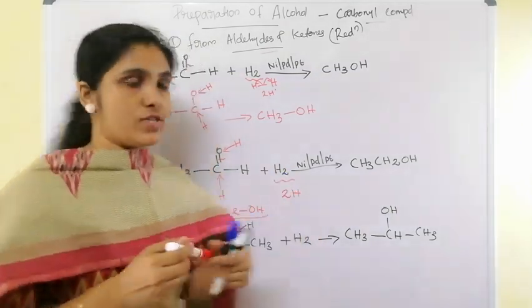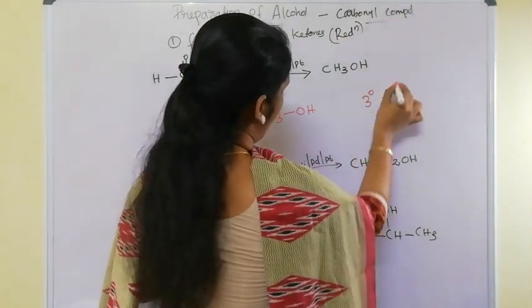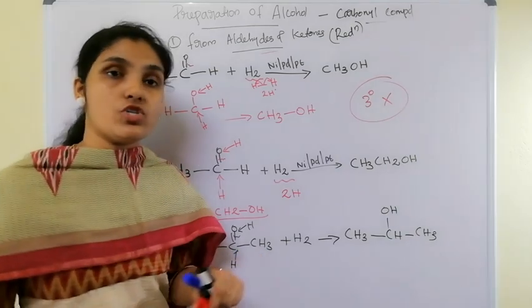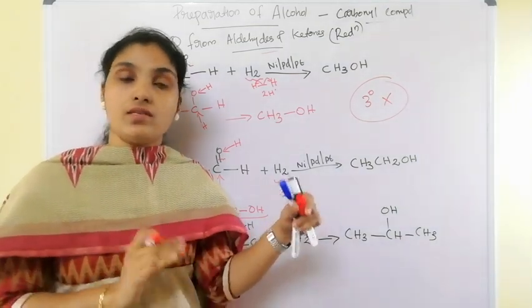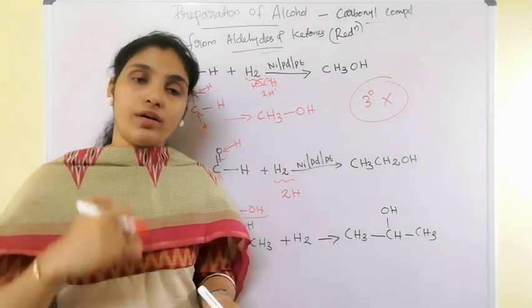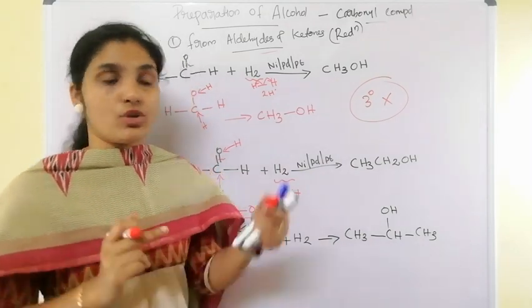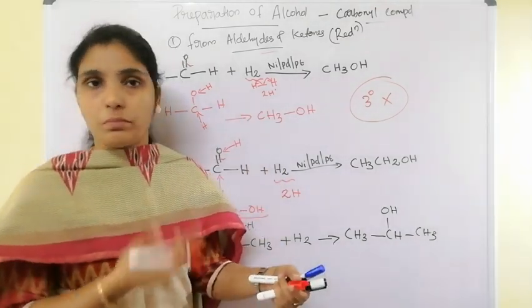But we cannot prepare tertiary alcohol using aldehydes and ketones. That is the main drawback of this method. Tertiary alcohol cannot be prepared from reduction of aldehydes and ketones.